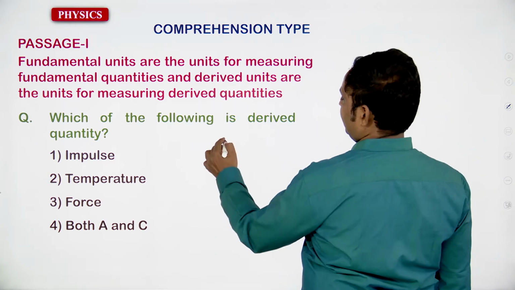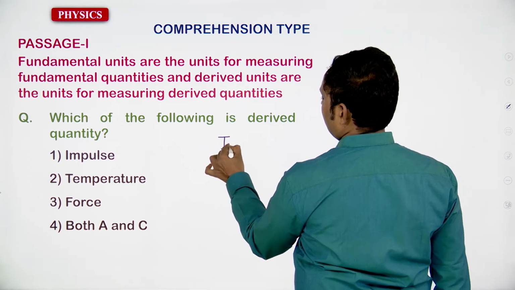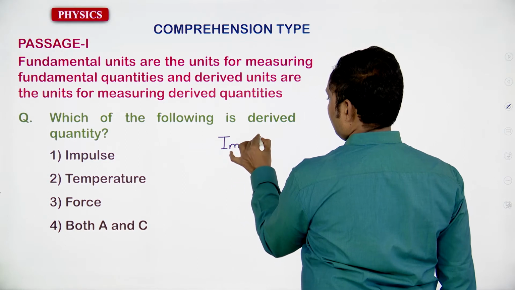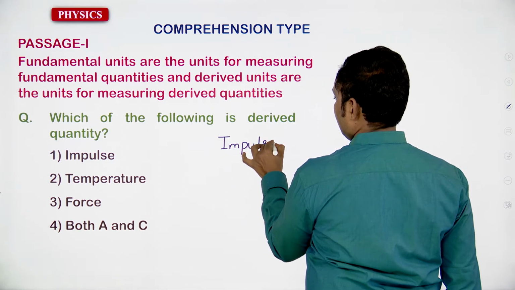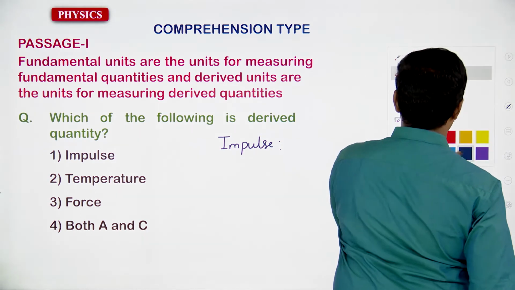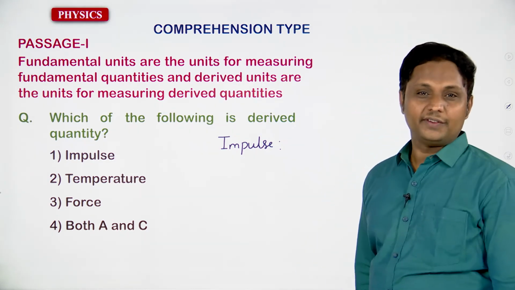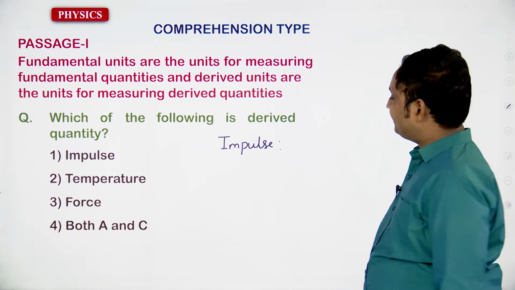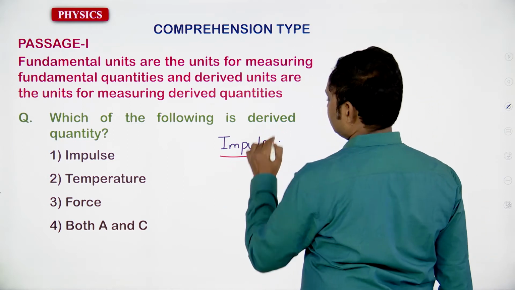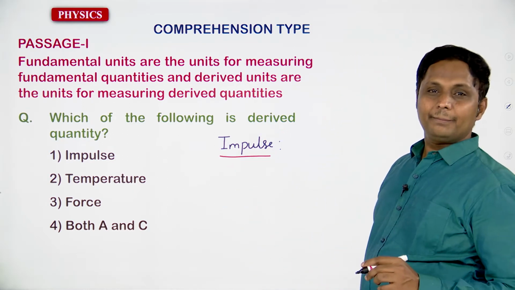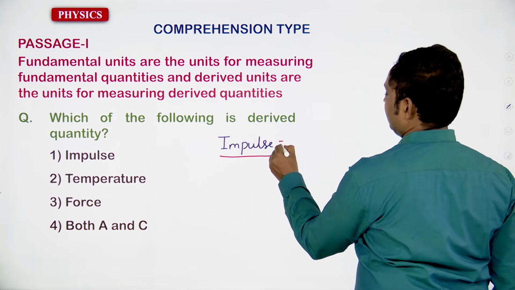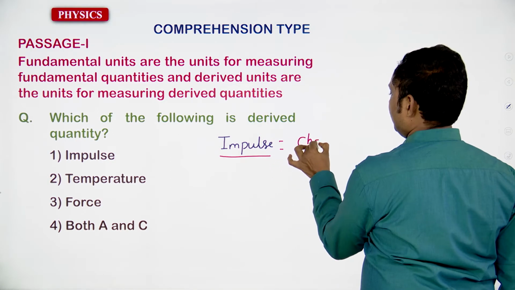Okay, you have to get this one. Yeah, you can take impulse. So, it is very clear. You have to discuss that impulse. What is impulse? Yeah, it is going to be change of momentum.